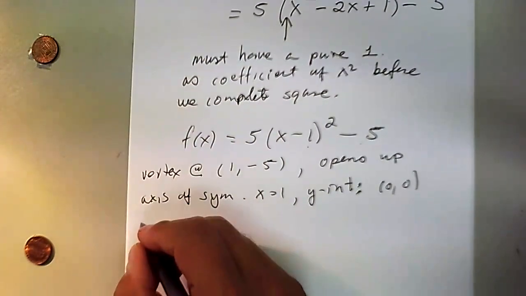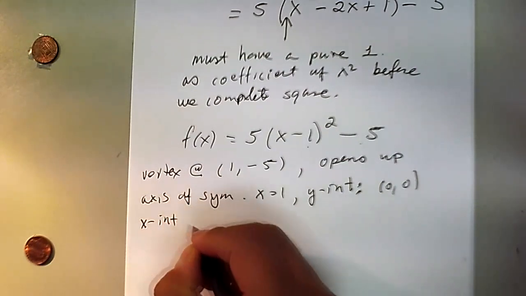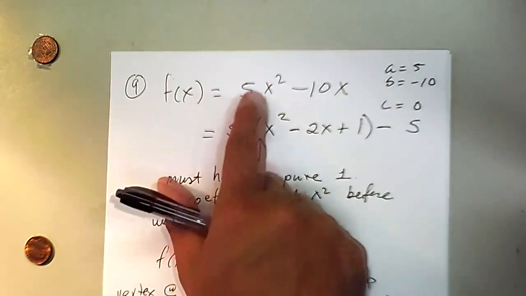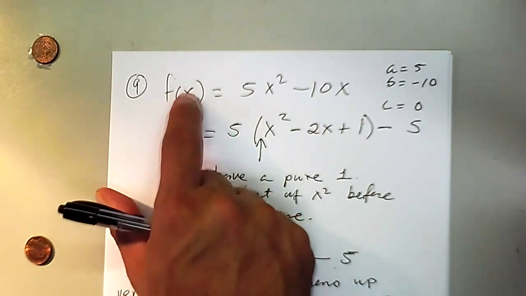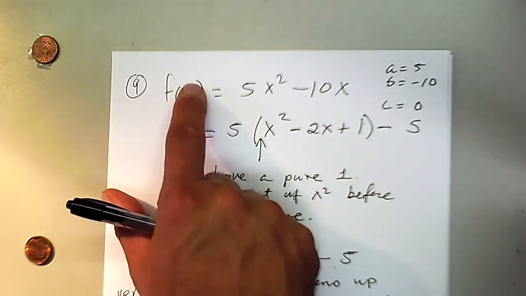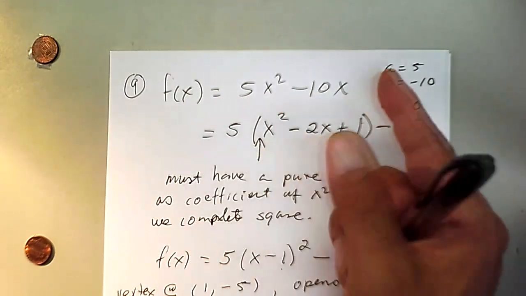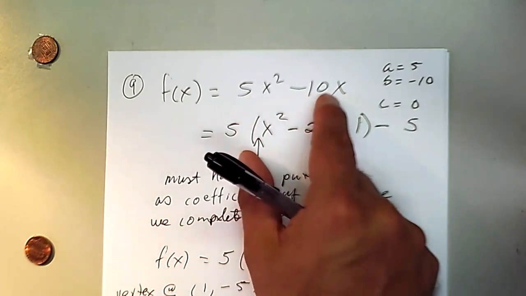What about the x-intercepts? Remember how we do that? Set this equal to 0, so put the 0 here. Factor that. If we cannot factor, then use the quadratic formula.